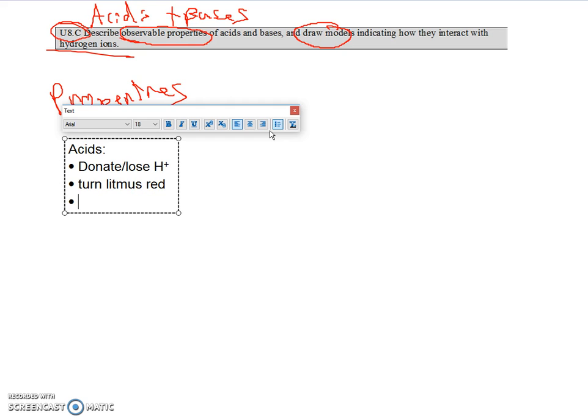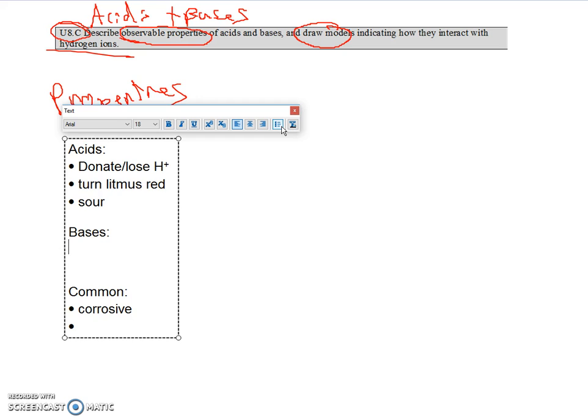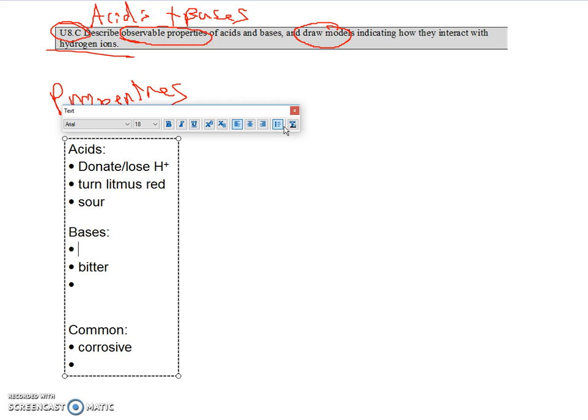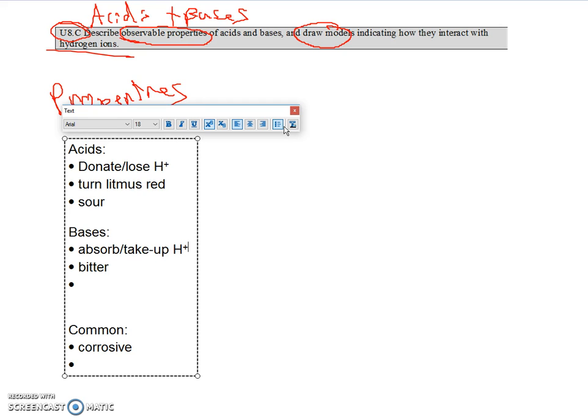Let's do ones they have in common too. They're all corrosive. What's one for acids? They taste sour generally. Whereas bases taste bitter. The major one for bases would be that they absorb or take up hydrogen ions.